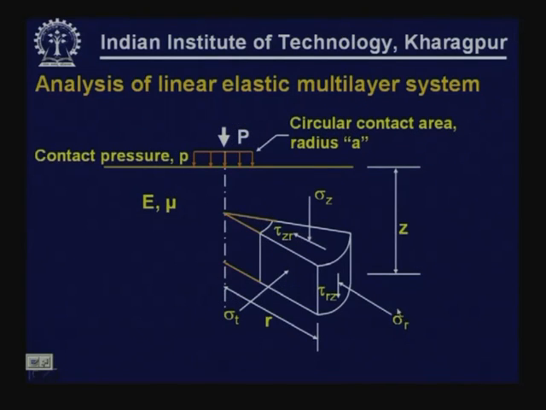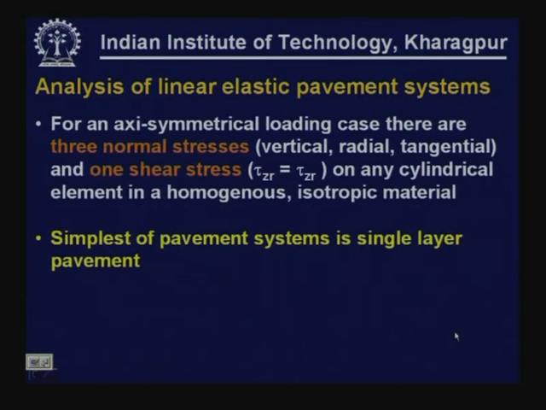So, normally these are the stresses that we will have to be analyzing. For an axisymmetric case, as we just saw, there are three normal stresses: vertical, radial and tangential, and one shear stress on any cylindrical element in a homogeneous isotropic material.